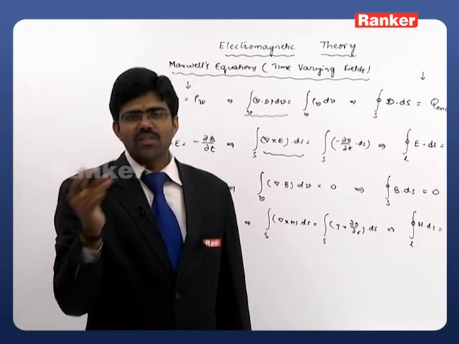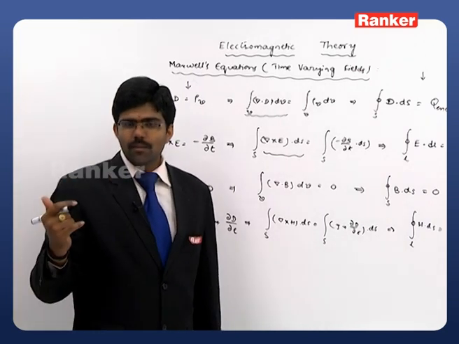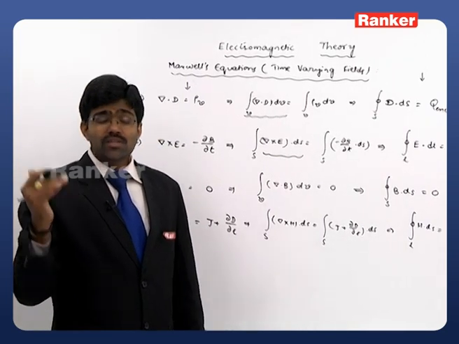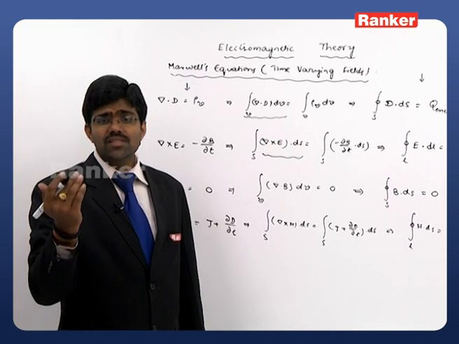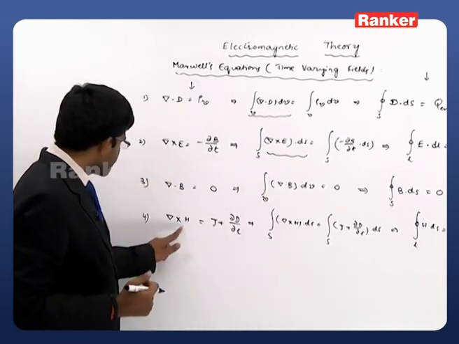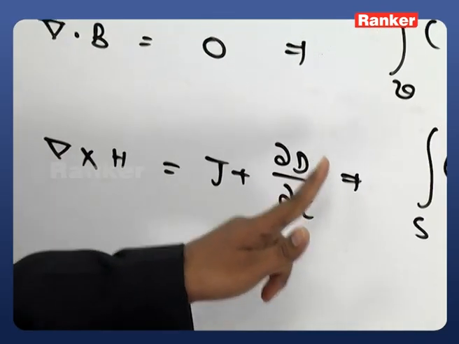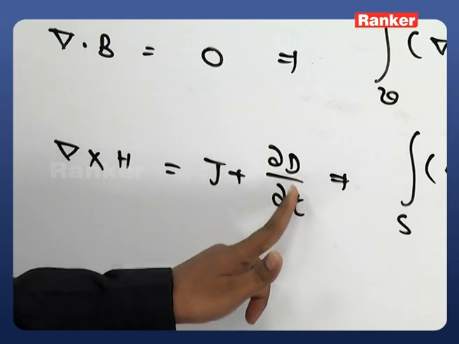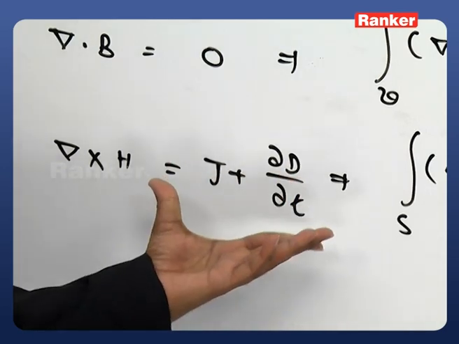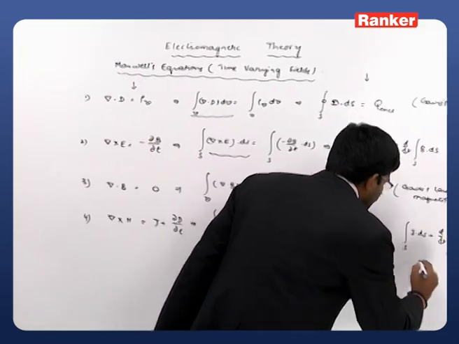If you are unable to remember the statement of Ampere's law which relates our magnetomotive force, just remember at least this phrase, inconsistency in Ampere's law. That's why another term was added. In del cross H is equal to J plus dou D by dou t, the second term is the one which was added. Since a new term was added, clearly you can say that it is related to Ampere's law, and that is what we are supposed to remember.